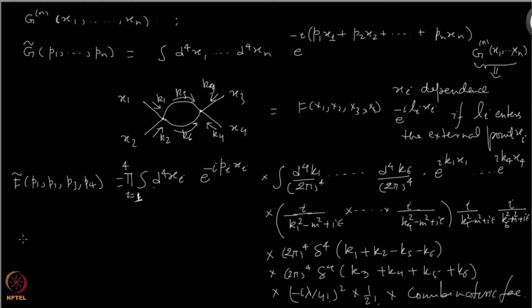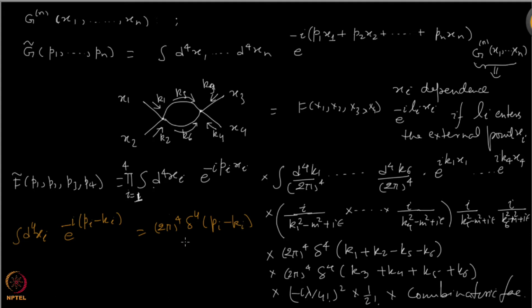So let me write here the integral d^4x_i e^{-i(p_i − k_i)x_i}. This will give (2π)^4 δ^4(p_i − k_i).